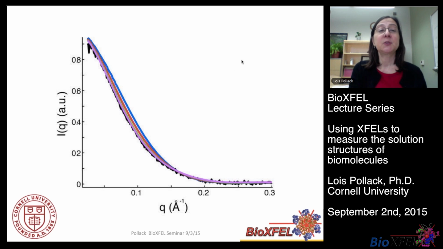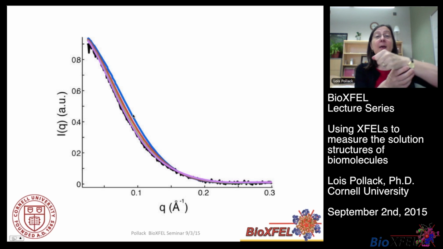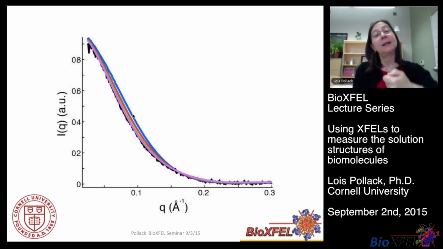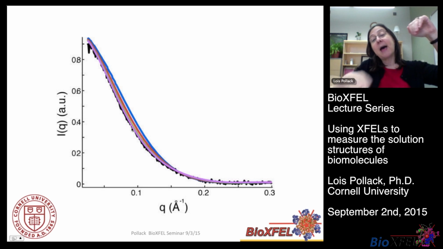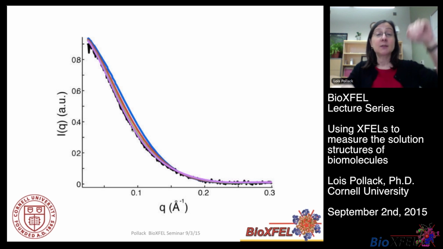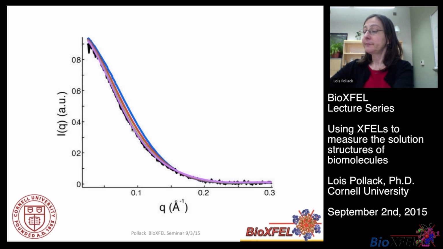And this just shows you the size of the changes. This blue curve is the initial curve that we calculated based on the crystal structure. As we allow more and more of that helix to become flexible, the curve changes shape quite significantly. Eventually we get this lavender curve, which goes on top of the data quite nicely.